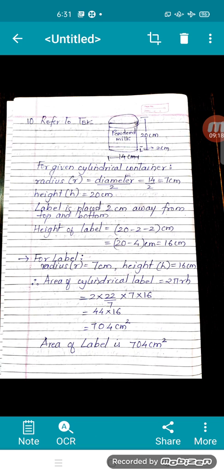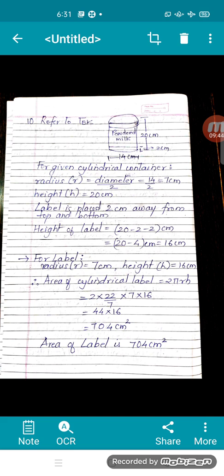Question number 10 is very interesting. A company packages its milk powder in a cylindrical container whose base has a diameter of 14 centimeter and height 20 centimeter. The company places a label around the surface of the container. If the label is placed 2 centimeter from top and bottom, what is the area of the label? For the cylindrical container, radius is equal to diameter upon 2, 14 upon 2 is 7 centimeter.